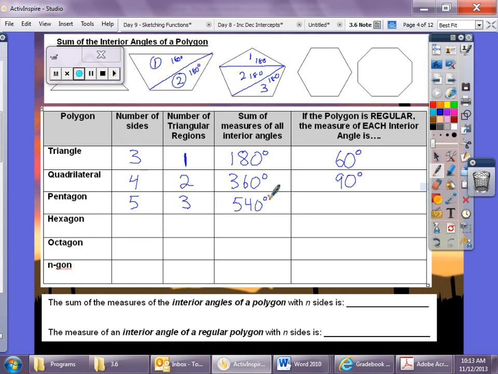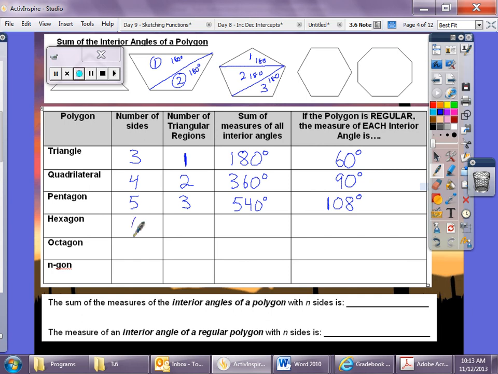And if the polygon is regular, then each interior angle is going to be 108 degrees. Then we look at a hexagon.